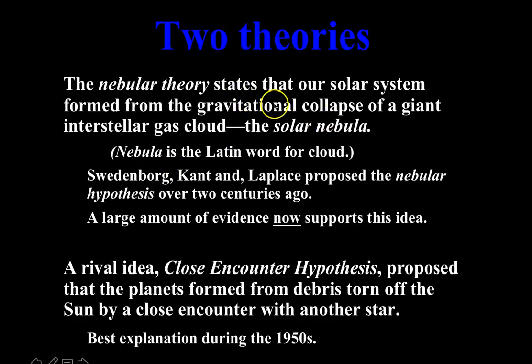The idea is that the solar system formed from a giant gas cloud that collapsed somehow. I say somehow, because there are a number of ways that it can collapse in general. For us, it's thought that a supernova blew up and caused this cloud to collapse. But there are typically three ways that this can happen, that we can see evidence for in the sky.